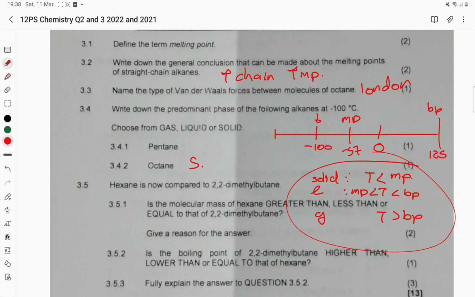Looking at water, if you take the temperature to 20 degrees, your water is a liquid because it's less than the boiling point of 100, but more than the melting point. And a gas is when the temperature is greater than the boiling point. For water, that would be 100 degrees Celsius, so at a temperature of 120, you'll have water as a gas. It's good to imagine water when you draw this number line, so you can reason how it works.